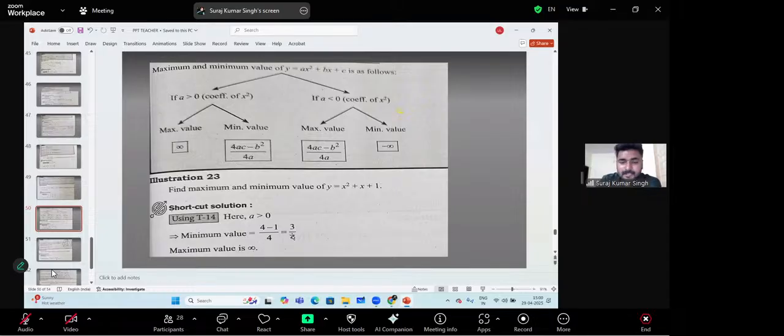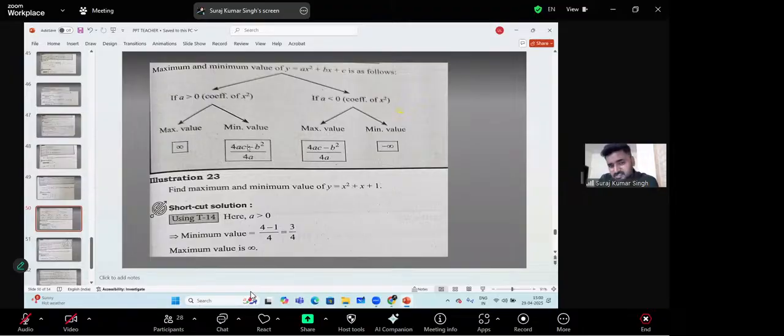Understand? Now suppose in place of that, y equals to 3x square plus x plus 1 is given, or 5x square plus 6x plus 1 is given, and I'm asking the maximum, directly you say infinity because a is positive. Nothing to worry. Don't think anything else. And suppose you want to get the minimum value of this question, we will use 4ac minus b square by 4a.